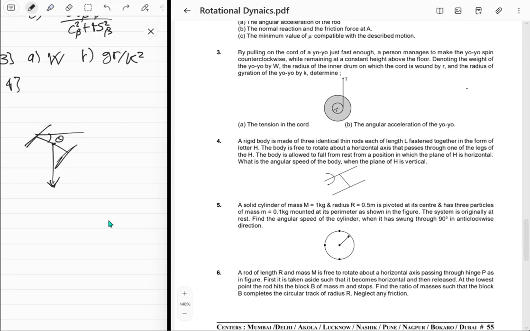Because this guy's inertia is not being counted anyway. That's not good. Should we take that into account? This is a very weird thing.